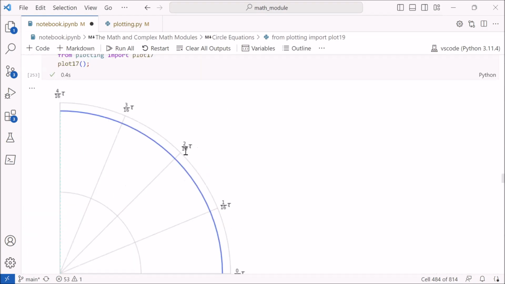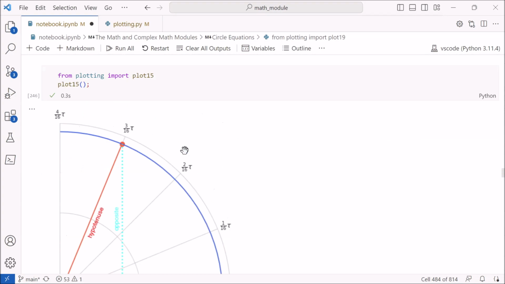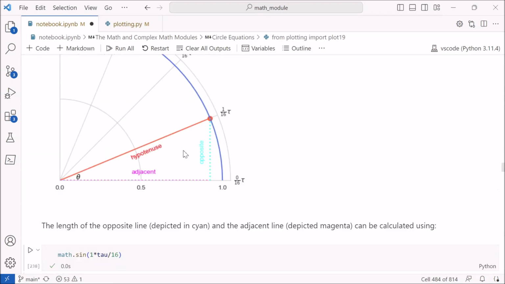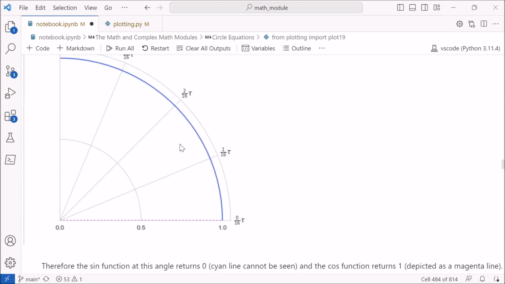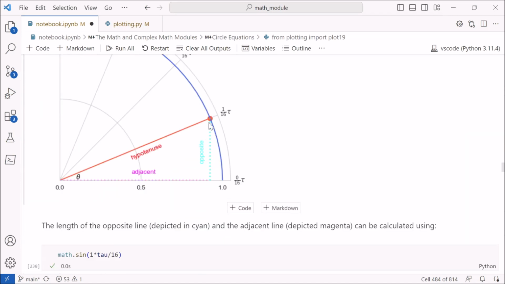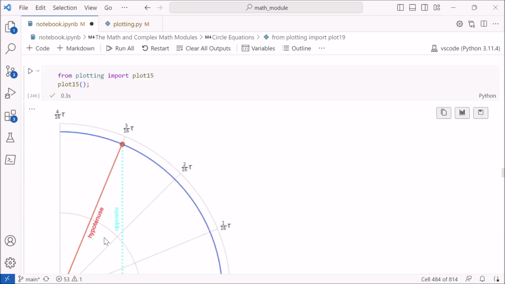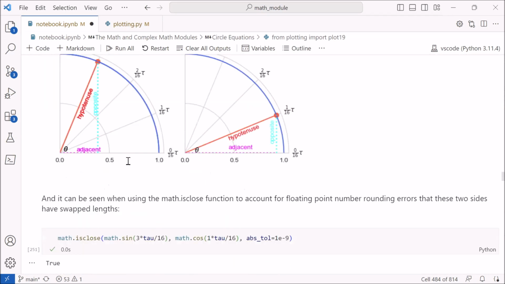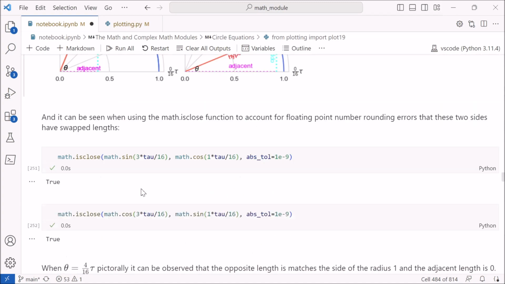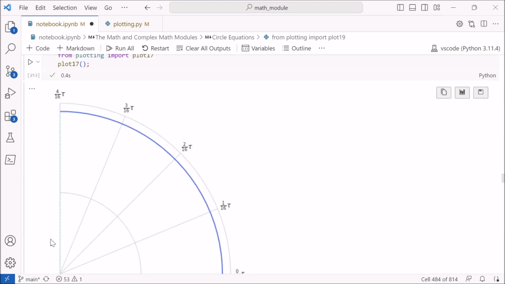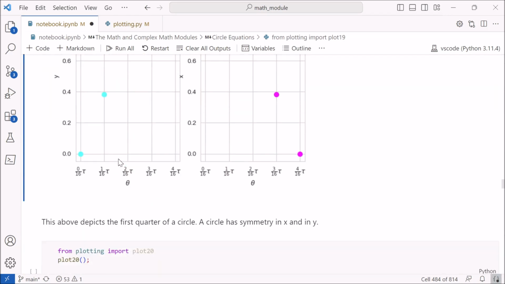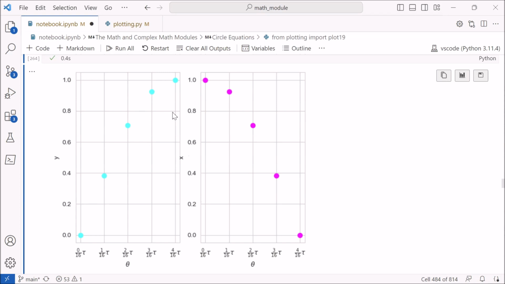So if we just examine this once again, we started with a circle like here, opposite side was 0, then it increased a bit, then it increased a bit more, then it increased a bit more, and then finally it increased to the maximum length, which was the radius. So that's what you're seeing here.